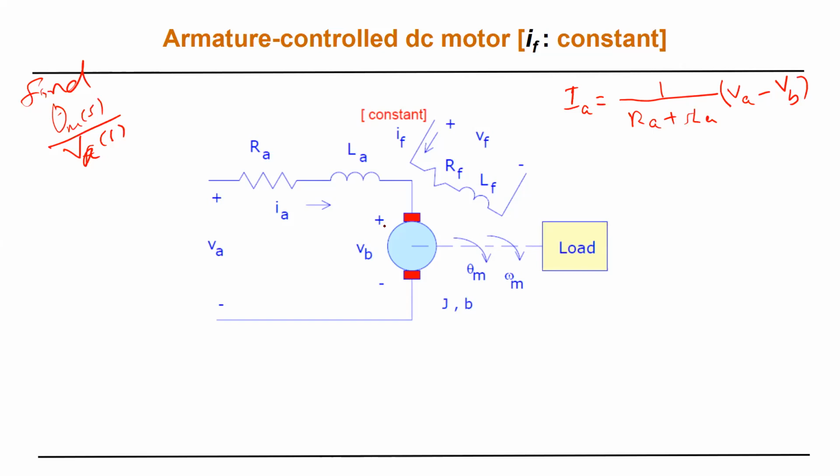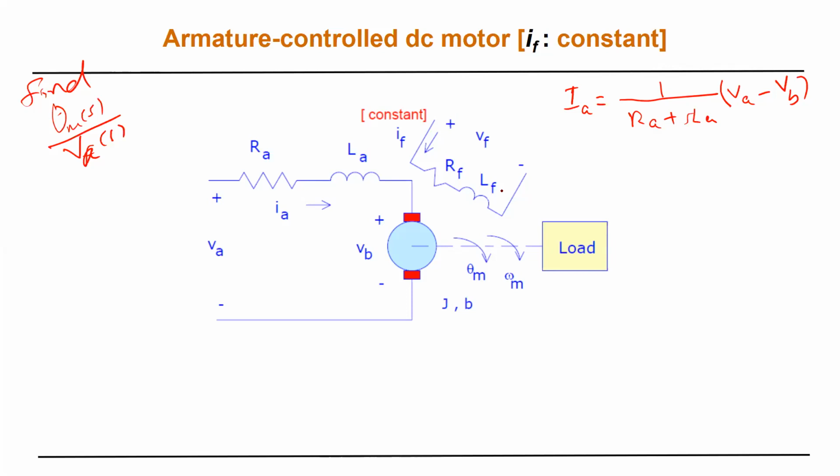Doctor, are we assuming that the motor has no resistance? What do you mean, no resistance? What we are assuming in this case is that the field current is constant. The resistance in the armature is RA, in the field RF.